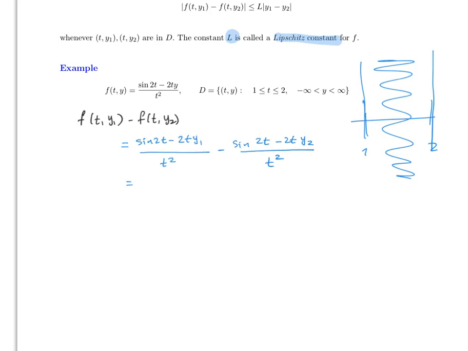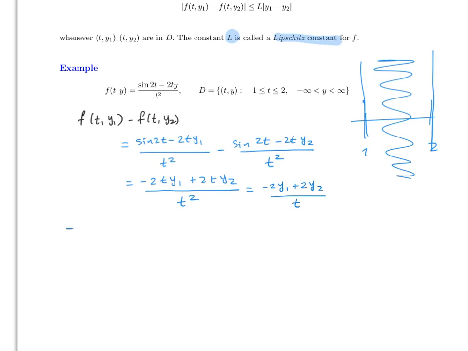If you combine the like terms, you can see that these ones will cancel, and you will end up with minus 2t y1 plus 2t y2, everything divided by t squared. If you factor a t out, it will cancel the exponent here. So this will give you minus 2y1 plus 2y2, divided by t.